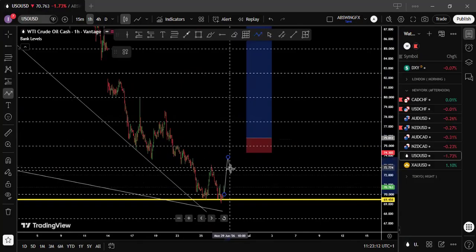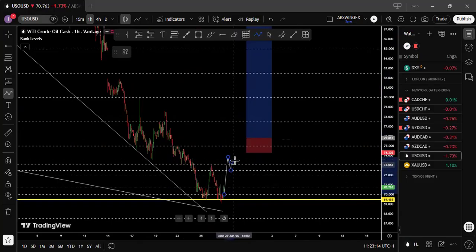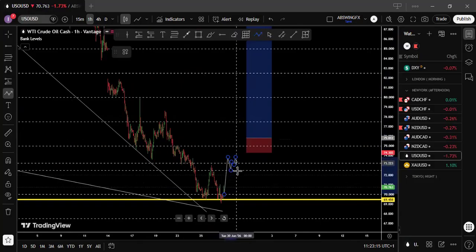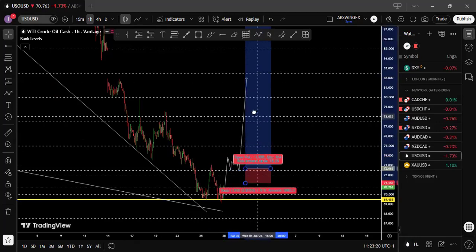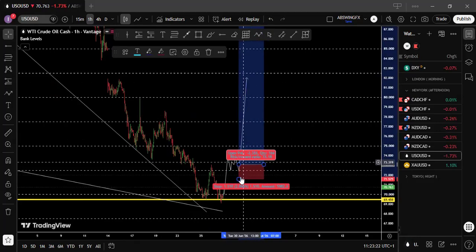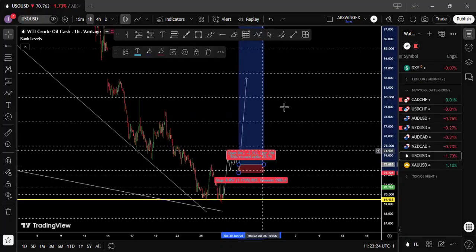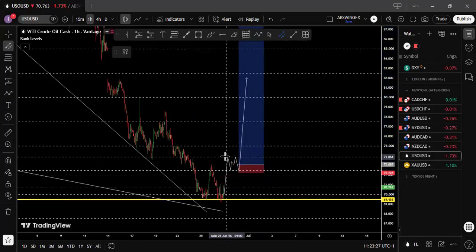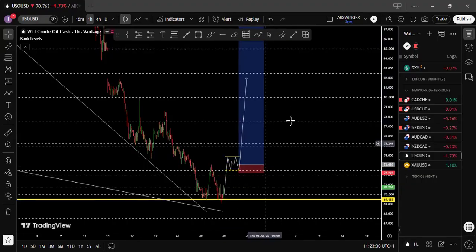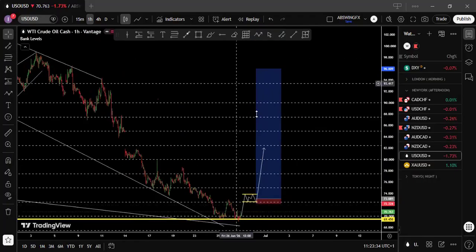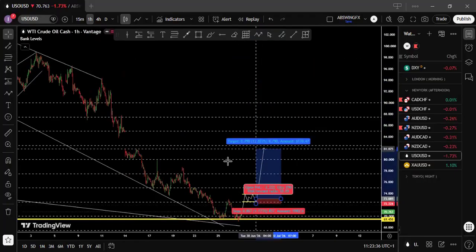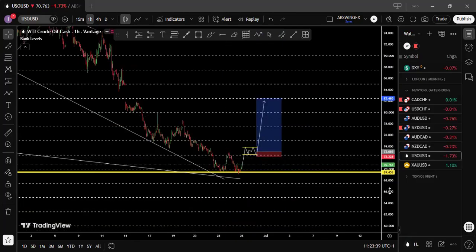Push here, drop, then move at least to this. That's still very much okay to fill that gap. That's perfect. At first, that's the perfect area that we can aim.